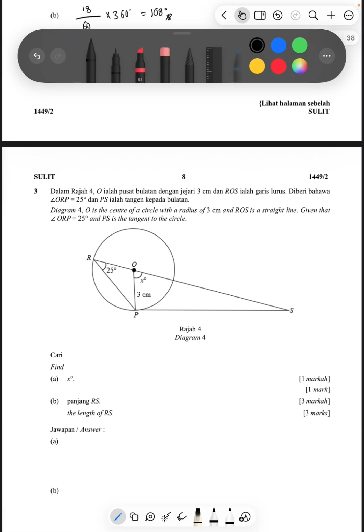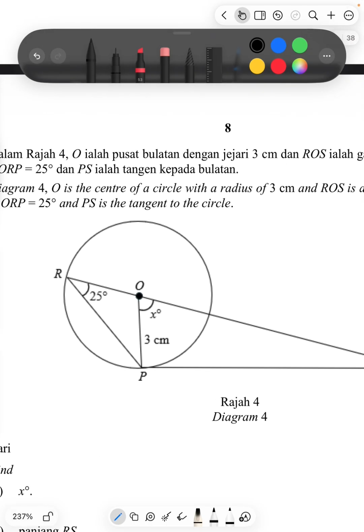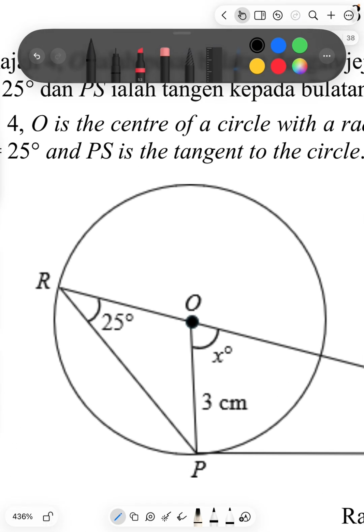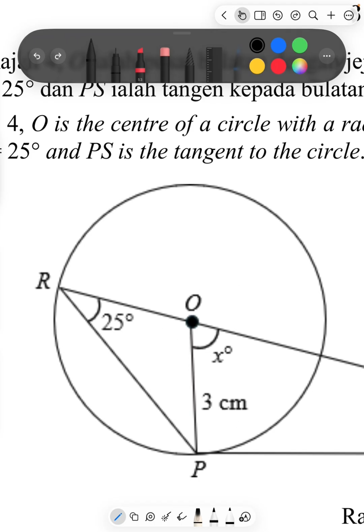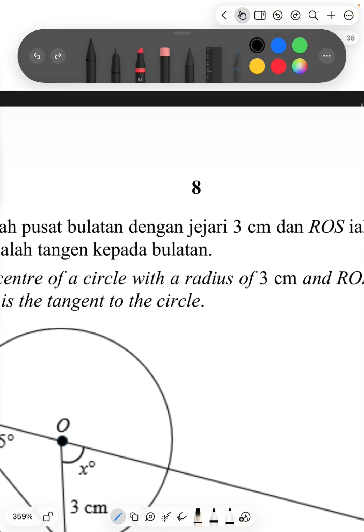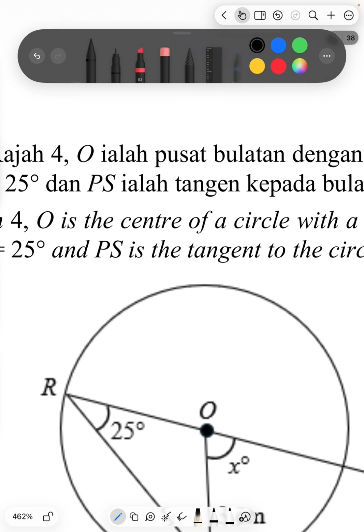Next, diagram: O is the center of a circle with a radius of 3. So when you're at the center, wherever you go, it's going to be 3, because it says the radius is 3. It doesn't matter.